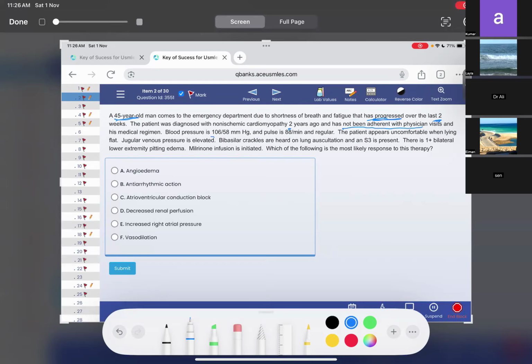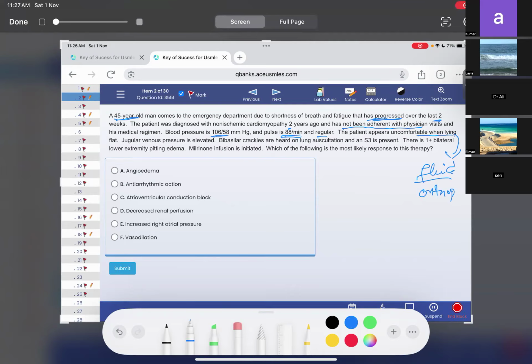The blood pressure is 106 by 58 and pulse is 88 per minute and regular. The patient appears uncomfortable while lying flat, which means the patient has accumulation of fluid inside the lung that will lead to orthopnea.